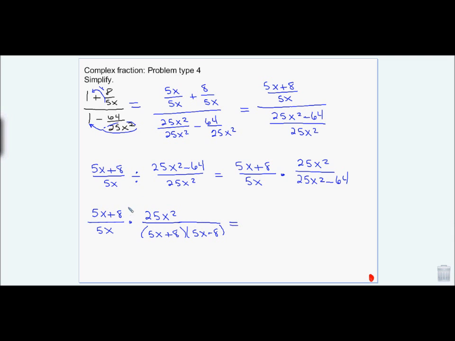I can cancel these 5x plus 8's, and also 5x will go into 25x squared, leaving me 5x. So my final answer will be 5x over 5x minus 8, and nothing else will cancel. And that is how you work complex fractions.